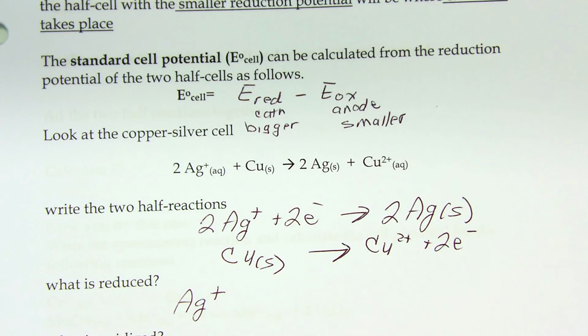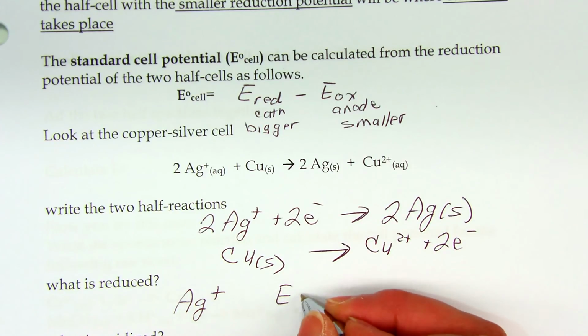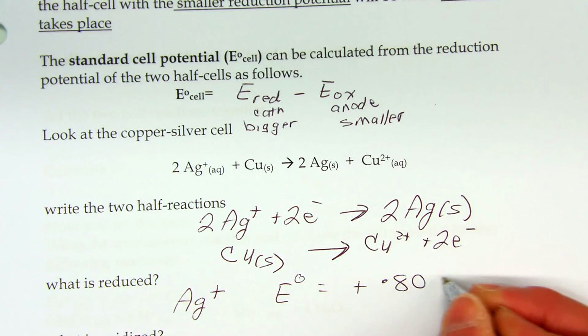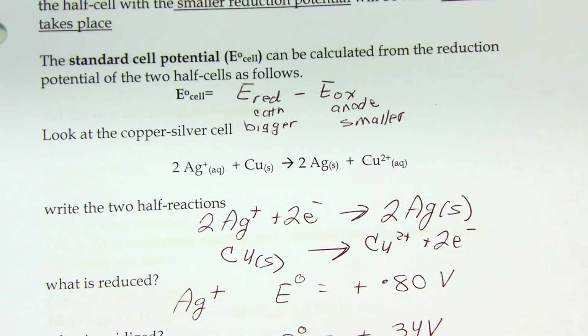So we grab our chart and we go look up the standard potentials. The standard potential for the silver ion is a positive 0.80 volts. And the standard potential for the copper is equal to a positive 0.34 volts. So we calculate the standard cell potential.